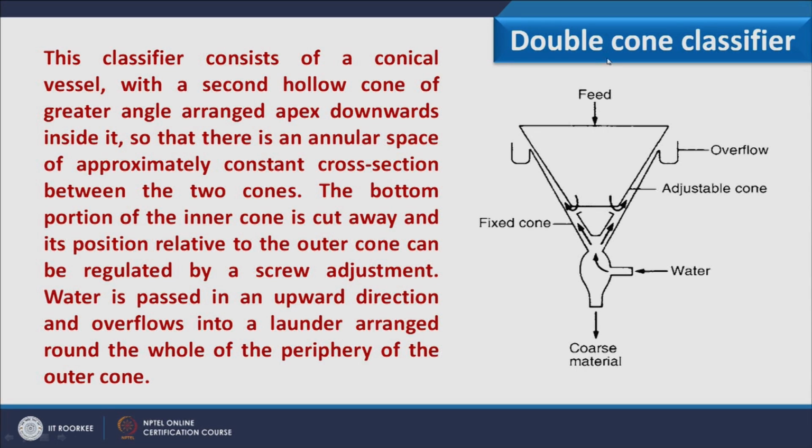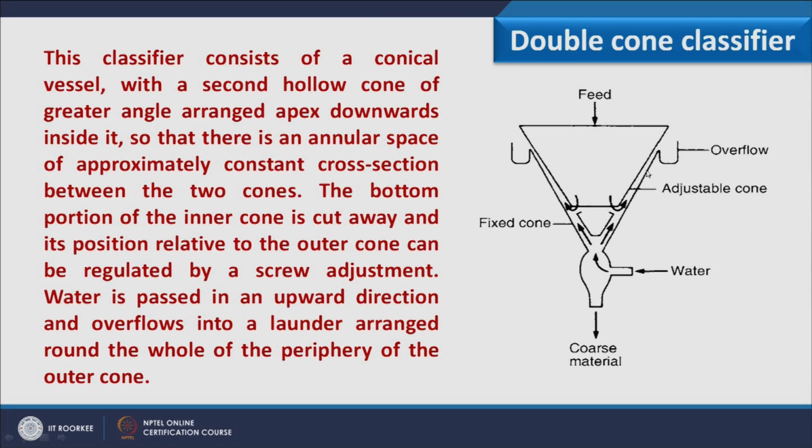So, what happens when feed enters from this side and water flows from this side? The particles which have larger terminal settling velocity will pass through the water stream and settle at the bottom, which we call undersize. Now, the lighter particles, which have lesser terminal velocity, will pass through this annular space.